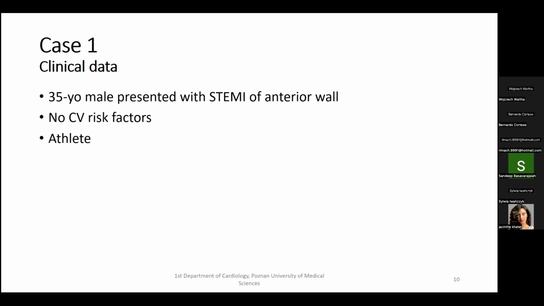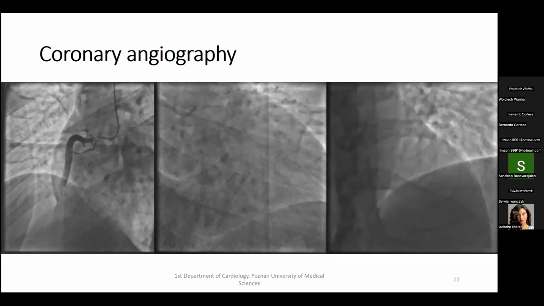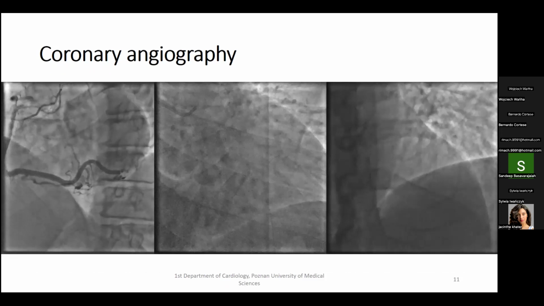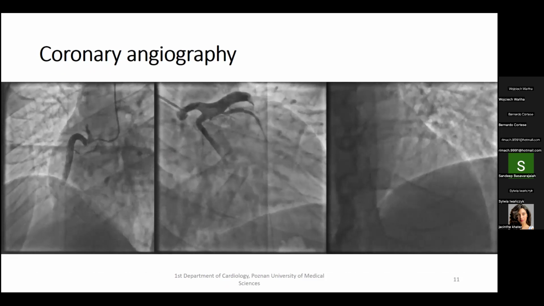Now I would like to present you a short case. This is a 35-year-old male presented with STEMI of the anterior wall without cardiovascular risk factors. So let's look at the coronary angiography. This is the right coronary artery without significant lesion, a little slow flow.